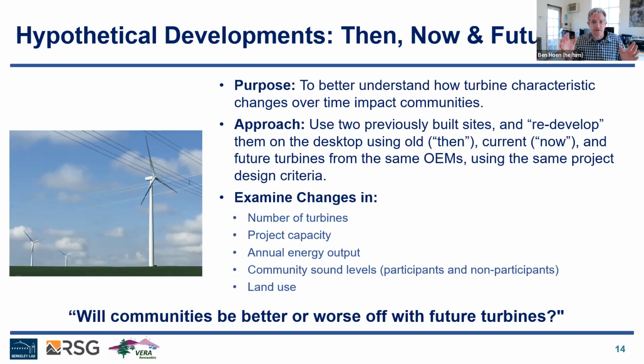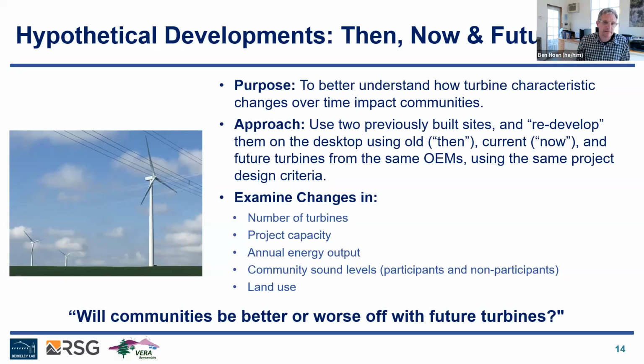Because we have a set of sites that I'll describe in a moment, we're going to look at those sites and look, as we move from then to the future, at how the numbers of turbines change, how the capacity of the total project changes, how the annual energy output of the project changes, and how our community sound levels, those experienced as or estimated to be experienced at the participant and non-participant homes, change over these epochs.